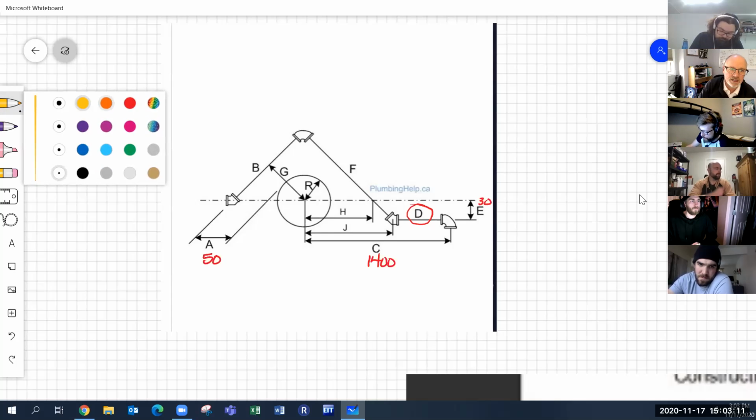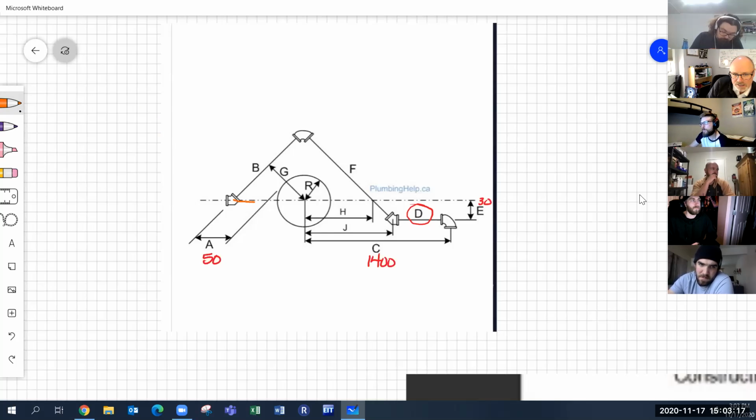So first thing I do is I know that this measurement right in here is 50. So I'm going to draw myself a little right angle triangle right in there. See, here's the right angle. This is going to be classified as a travel.